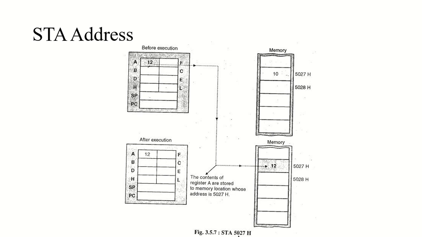So 50 is the higher order byte of the address, and 27 the lower order byte of the address, and it is getting stored at 5027. And that would be our final instruction for today.